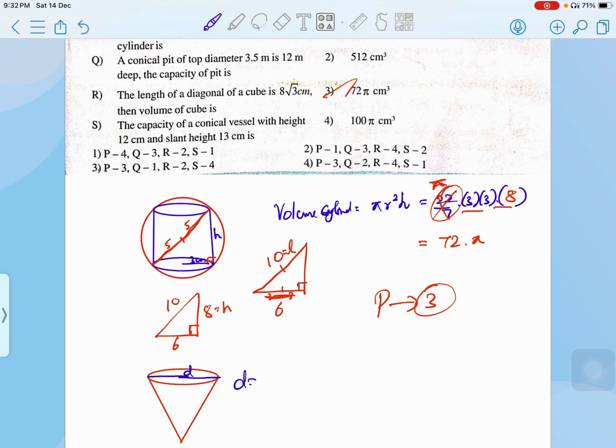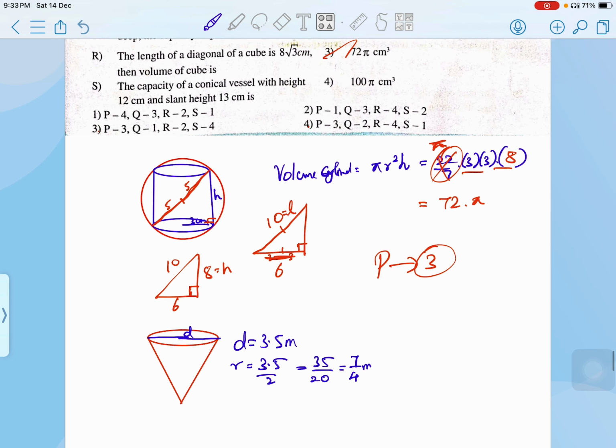So D equals 3.5, radius equals 3.5 by 2, or multiply and divide by 10, 35 by 20, and dividing by 5 you get 7 by 4 as your radius. And they mention its depth is 12 meters. That means the height is 12 meters. Understood?